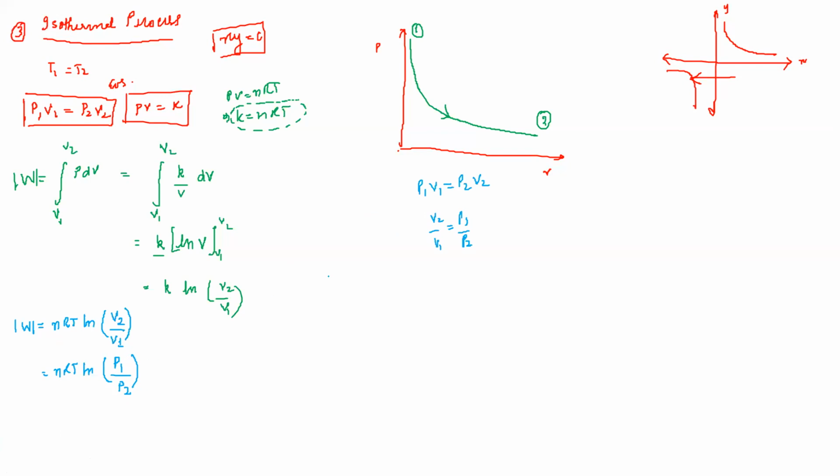Generally, pressure corresponding to the larger volume is smaller. So generally, if your volume occupied is less, then it would have a greater pressure on it. So therefore, even this is going to be positive. So this is basically your modulus of work done.